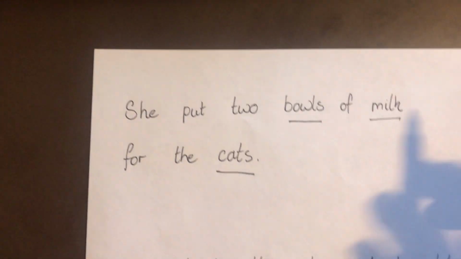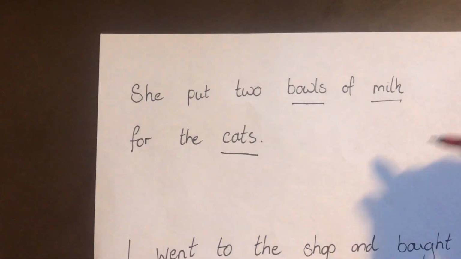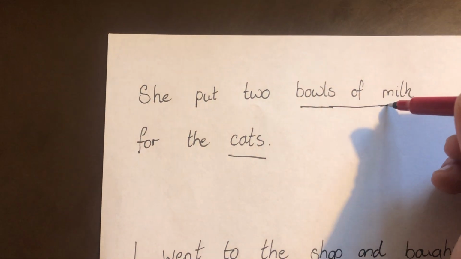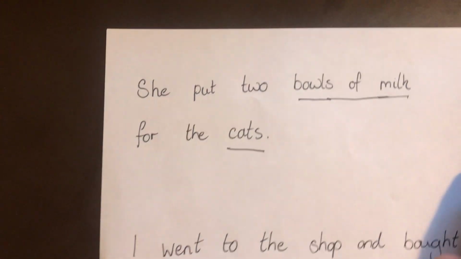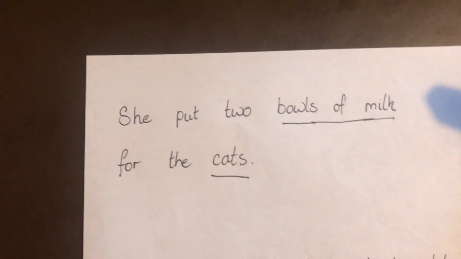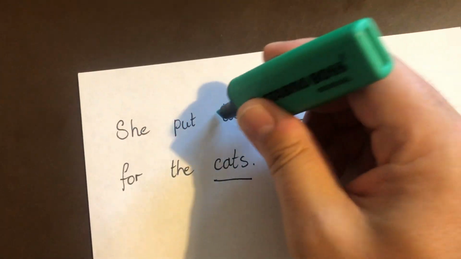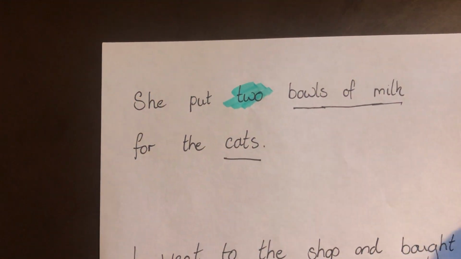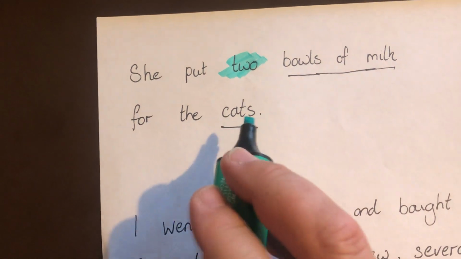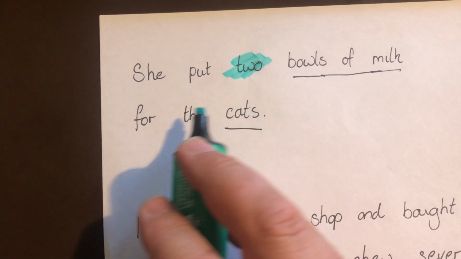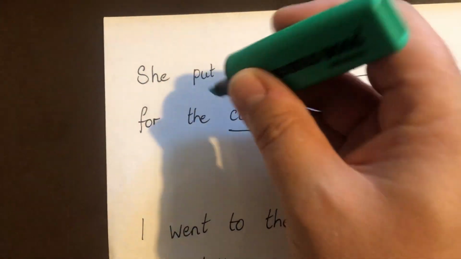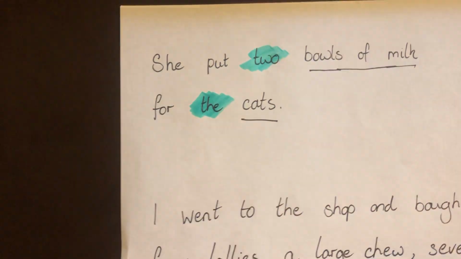So this bit here is going to go together. It's a noun phrase. So I want what is going to go in front of that, which introduces them. And it's this word here, that's the one I'm highlighting. It's 2. That's my determiner. And then I've got another noun here, so there has to be another determiner. So if I go in front of it, the word is the.